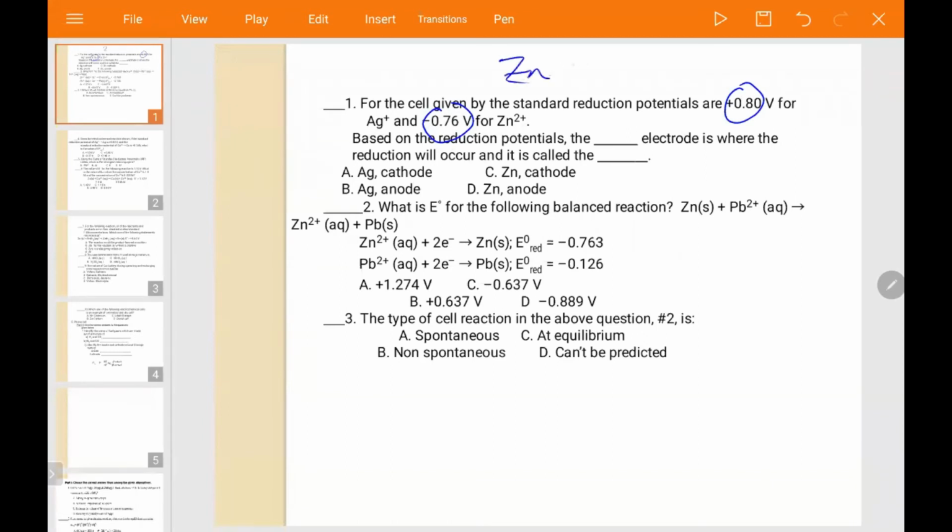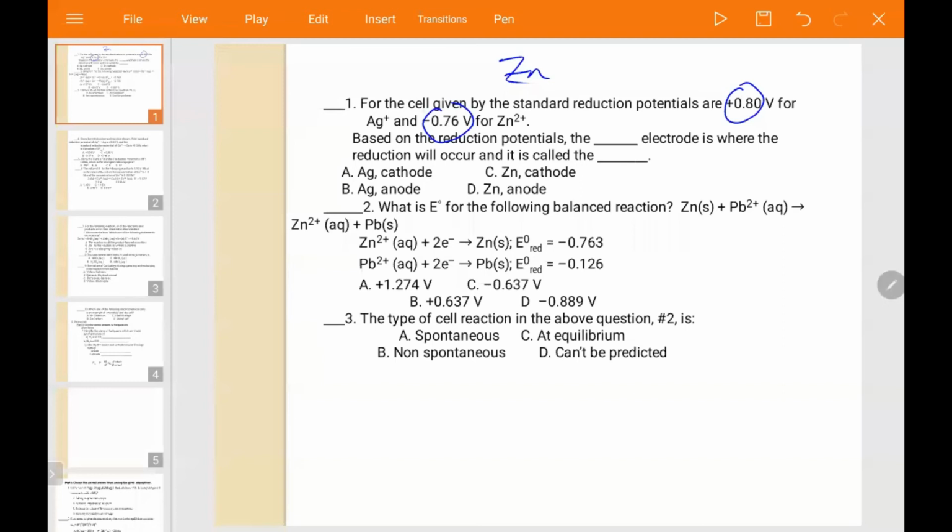Zinc: is it anode or cathode? You said the smaller value, meaning the least reduction potential, means anode, the least reduction potential, and the one with the highest reduction potential is the cathode.